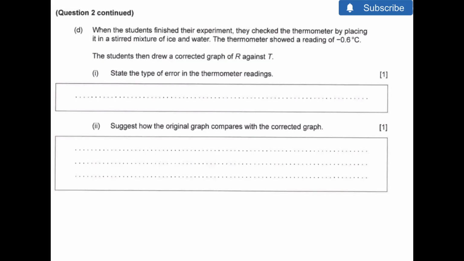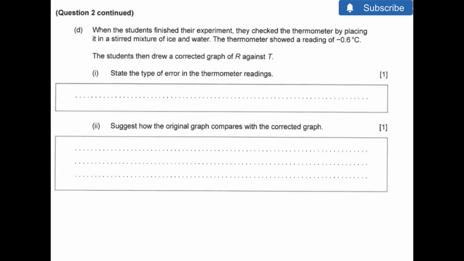Now, when the students finished their experiment, they checked the thermometer by placing it in a stirred mixture of ice and water. The thermometer showed a reading of -0.6 degrees Celsius, and the student then drew a corrected graph of R against T. We have to state the type of error in these thermometer readings.